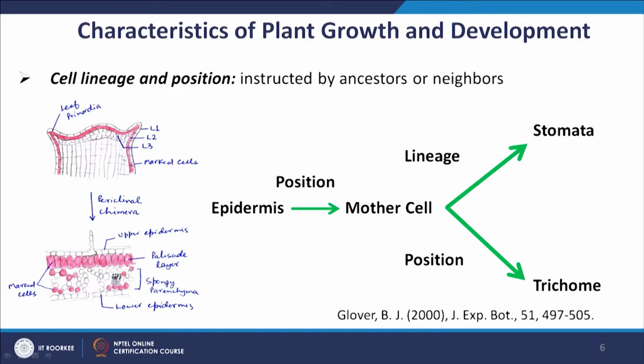And what has been seen is that from epidermis to mother cell formation, it is mostly contact dependent, position dependent, but the mother cell which is responsible for the stomata is lineage dependent. Once the cell fate is determined, it will follow the lineage and make the stomata, whereas the trichome development is basically adopting a position dependent mechanism.